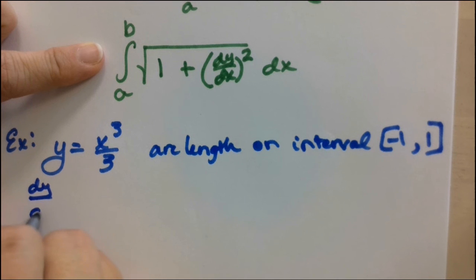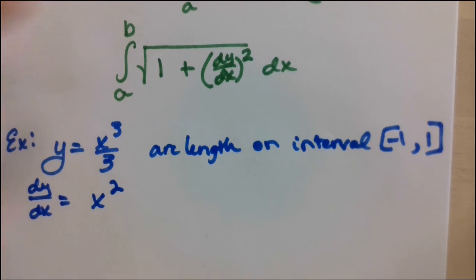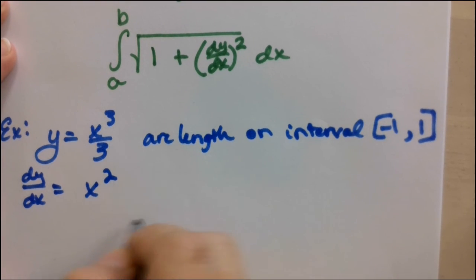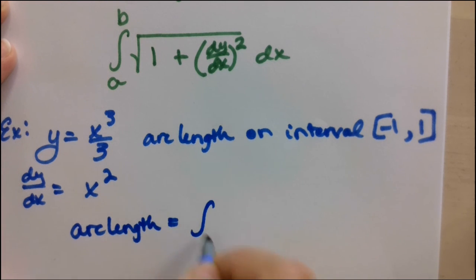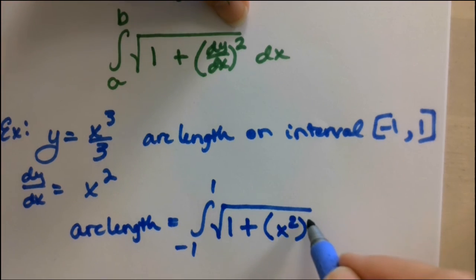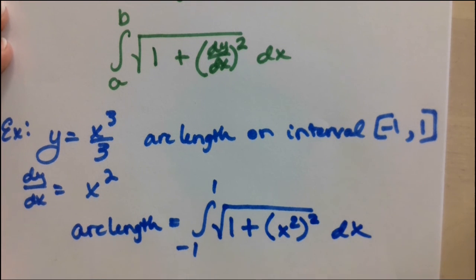So I'm going to take a derivative of this, and we just get x squared. And now I'm going to plug everything into the formula. My arc length is going to be equal to the integral from -1 to 1 of the square root of 1 plus dy/dx, which is x squared, squared, dx.